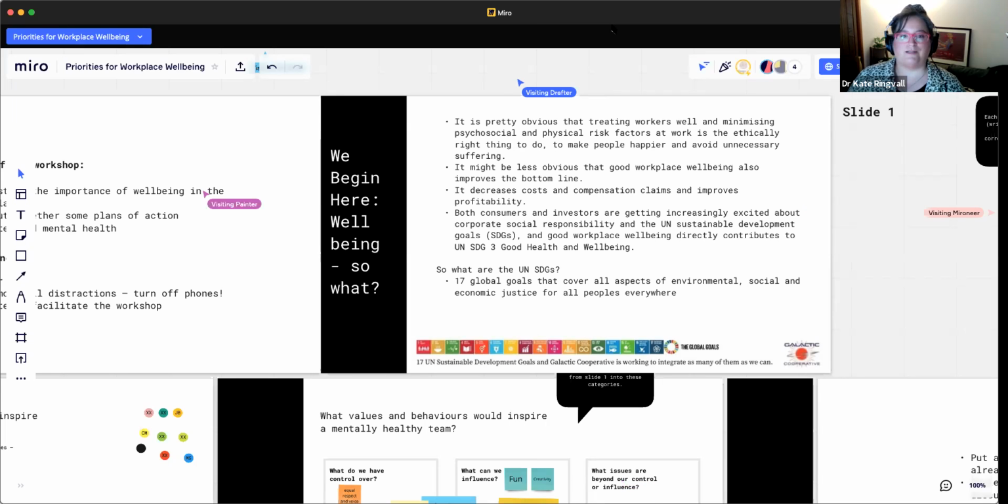And more importantly, your consumers and your investors are getting increasingly excited and keen to be part of the corporate social responsibility movement, and the UN Sustainable Development Goals that we've talked about before and that were highlighted at the bottom. They're a really good place to start. So I absolutely recommend looking into them.